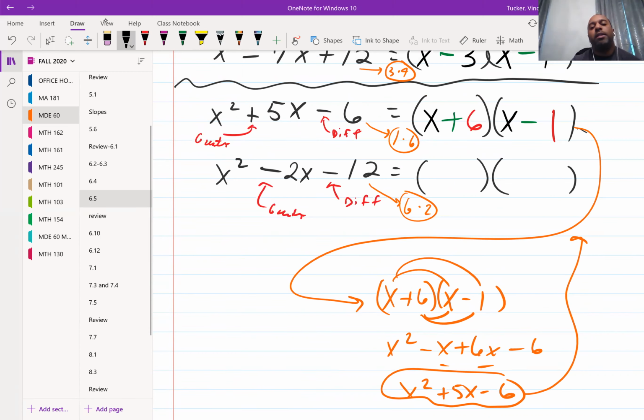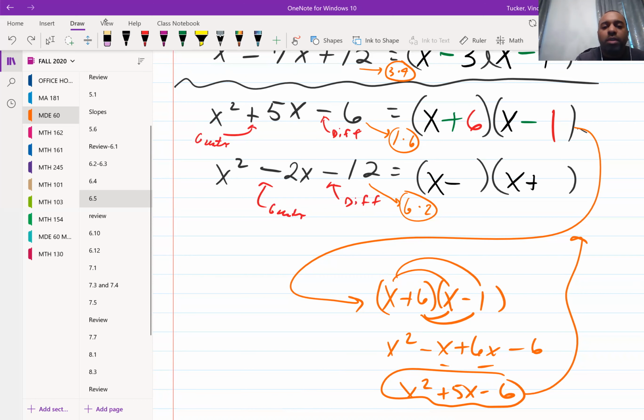And then the fourth one, same type of situation. This is x squared, x times x, different signs, because our back sign is a minus. And we want factors of 12 that will subtract from each other to give us 2.